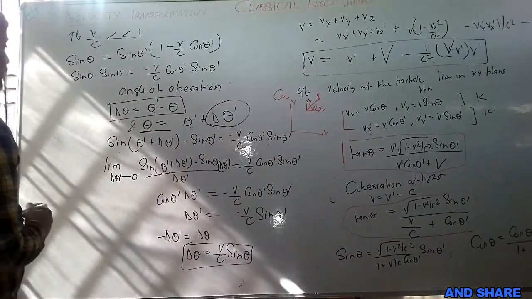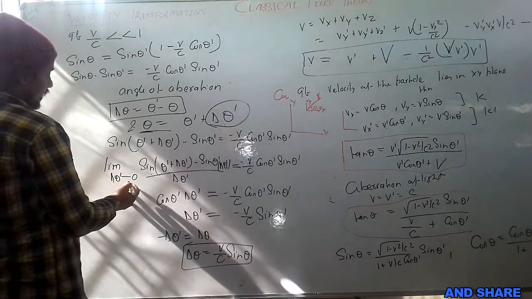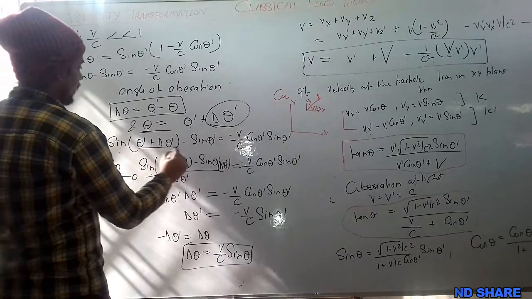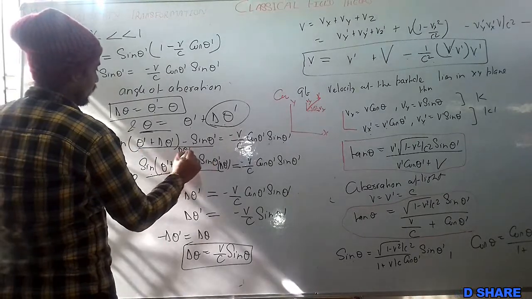Now we are taking the limit for delta theta dash going down to 0, and we multiply numerator and denominator by delta theta dash.